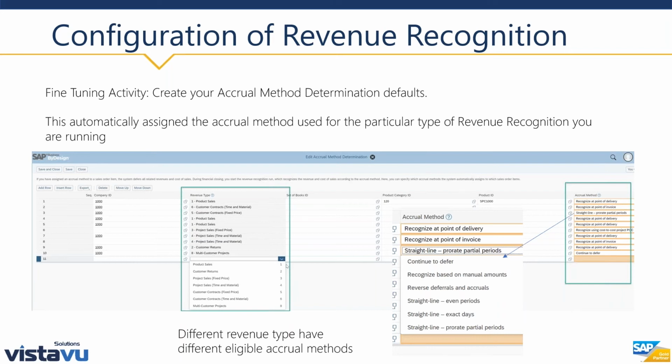And then it could be based on the manual amount. So you might actually move through those different phases, but that would more likely happen on the specific contract or the object. So once again, what you're seeing here is really just the default method that's going to get assigned behind the scenes when that object is created in the system.